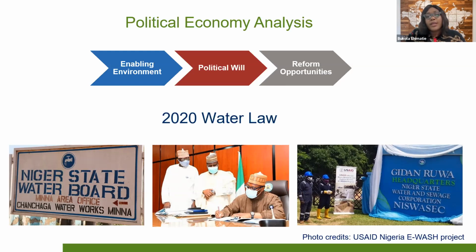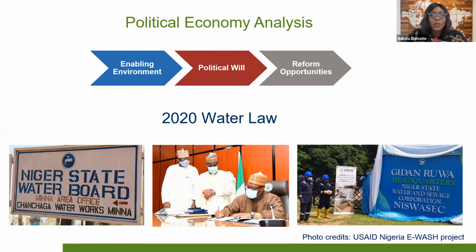As you can see on the screen, the utility transitioned from the Niger State Water Board. If you can see on my screen, it is showing the left, that is the white picture: the Niger State Water Board, that was in 2019 and early 2020. With the support of the program, the WASH law was passed and the water bill was also approved.